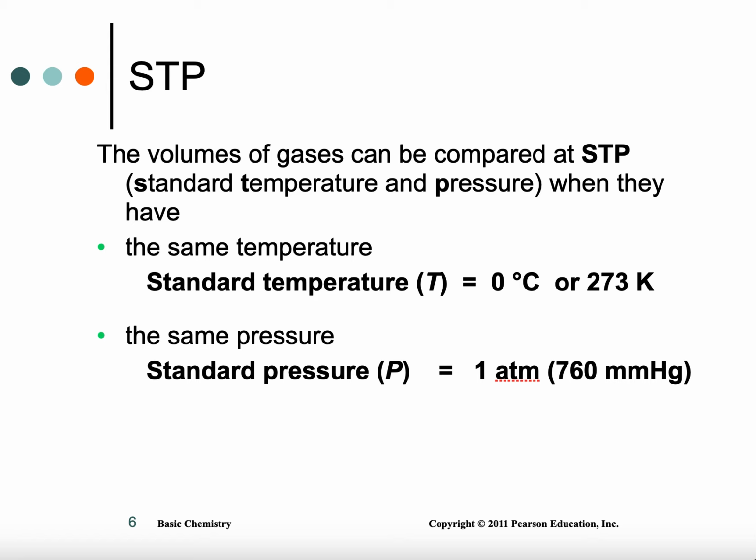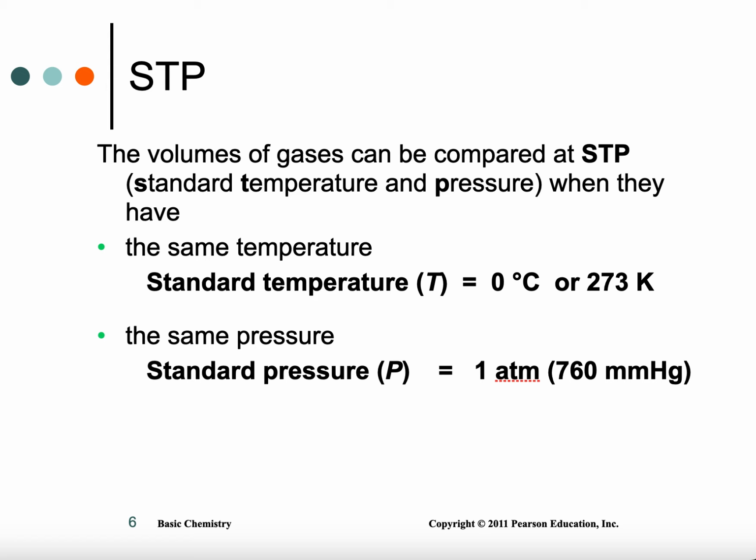Standard temperature is 0 Celsius. So in the situation where you have 1 atmosphere and 0 Celsius, that's called standard temperature and pressure. Standard means that as long as these parameters are exactly the same, everybody in the world could figure this out.